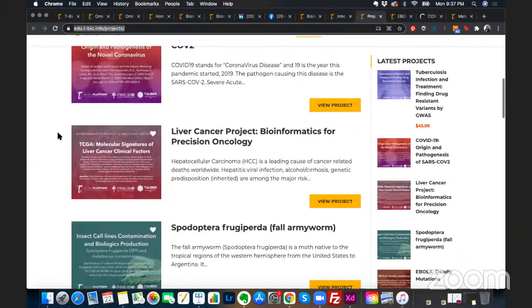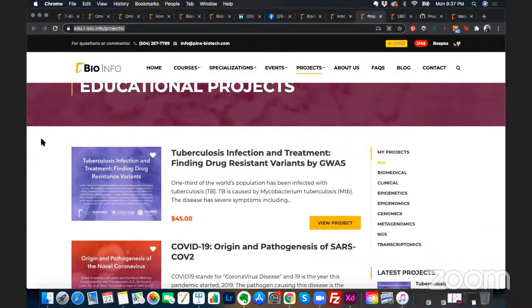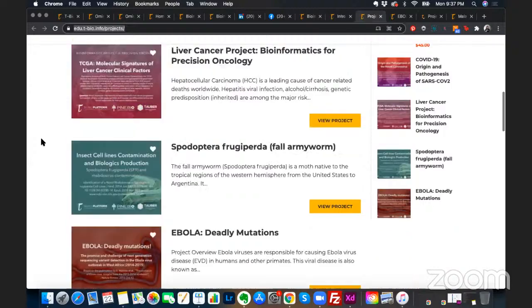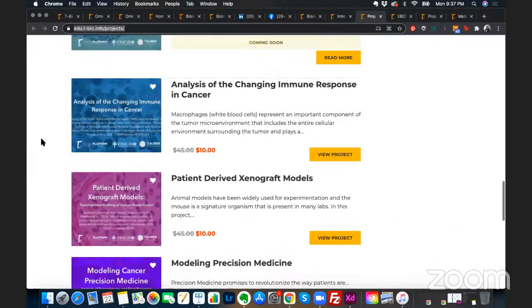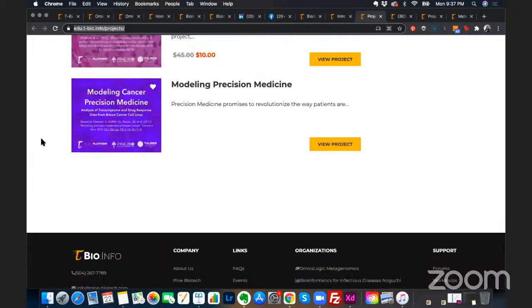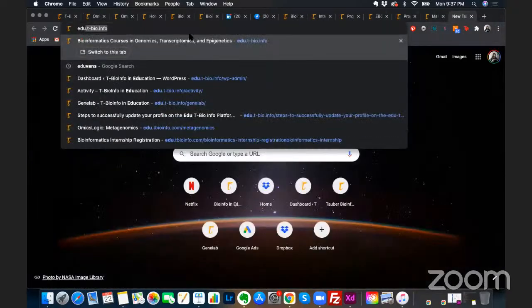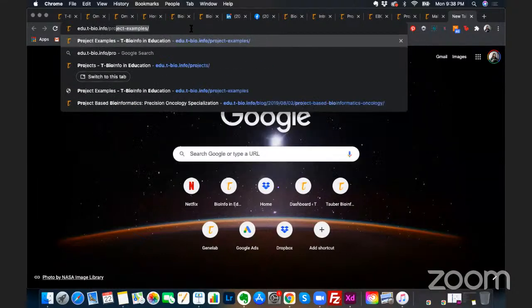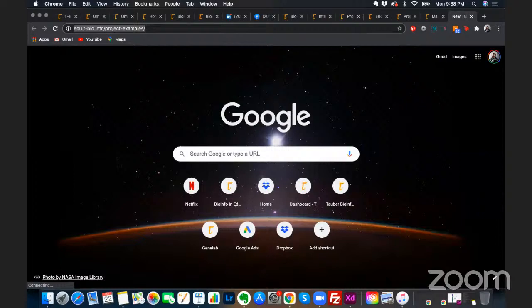As I mentioned, these projects are not just on infectious diseases, there are more projects in different areas. You also have projects on cancer and oncology, which are here. So please feel free to explore these projects. And if you want to study what other participants have done in the previous program, I'm going to share a link to the project examples. Here is the link to project examples from our previous participants who have taken part in such training programs and have successfully done a project.